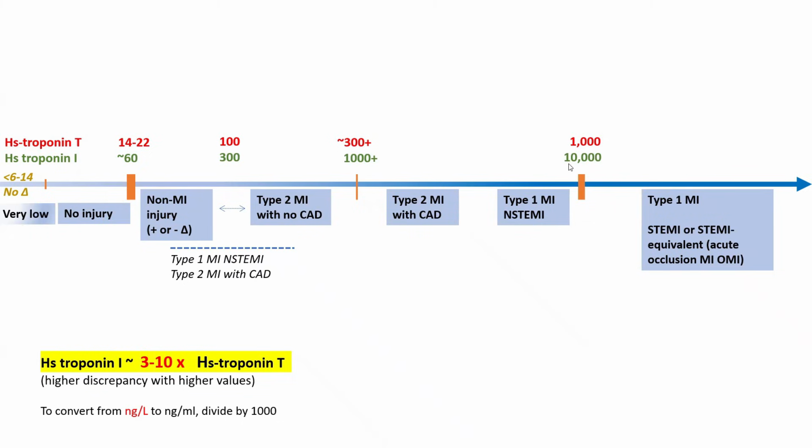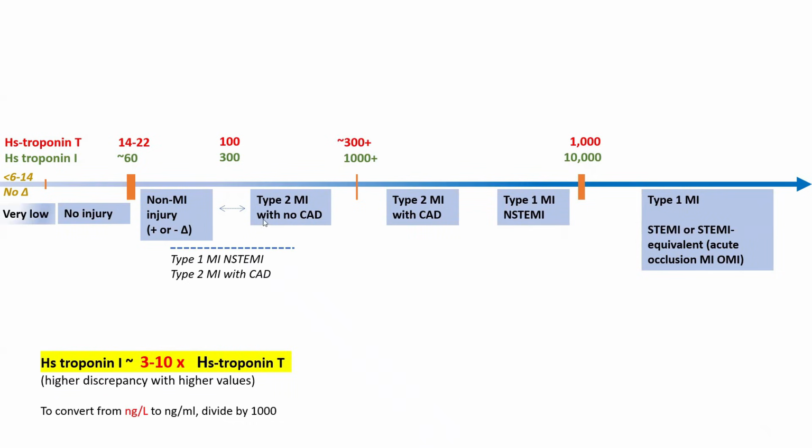Between 300 plus and 1,000, it's frequently type 2 MI with CAD or type 1 MI non-STEMI. Above 1,000, it's overwhelmingly type 1 MI, frequently even type 1 MI STEMI or STEMI equivalent, the so-called acute occlusion MI, OMI.